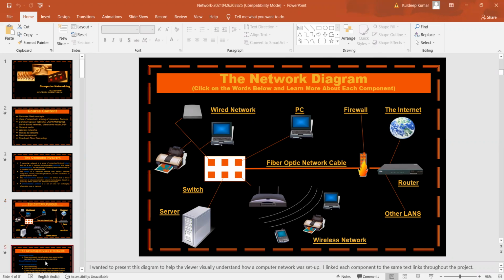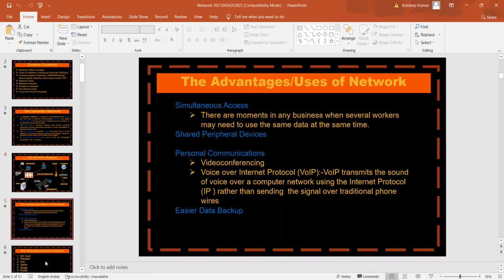What are the advantages of network? The advantage of network is that a single network is simultaneously accessed by many persons. There are moments in any business when several workers may need to use the same data at the same time. So network makes that thing easy.